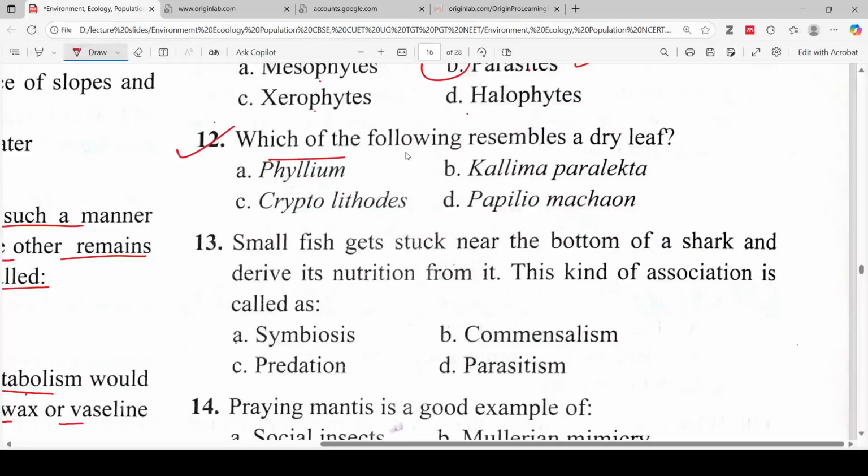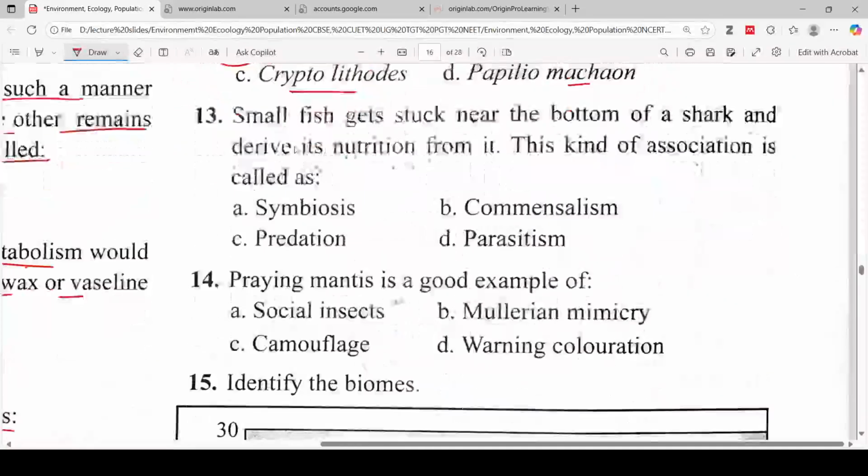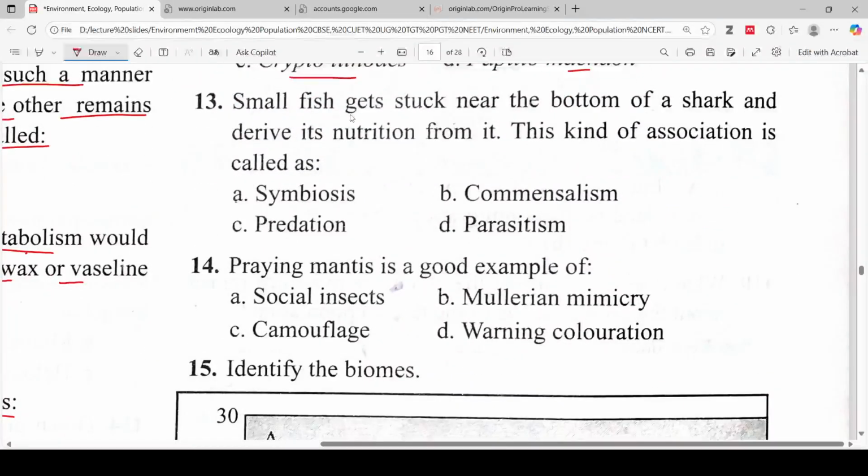Next, which of the following resembles a dry leaf? Phyllium, Kallima, Paralecta, Cryptolithodes, and Papilio machaon. So the correct answer is option A, Phyllium. Next question. A small fish gets stuck near the bottom of a shark and derives its nutrition from it.